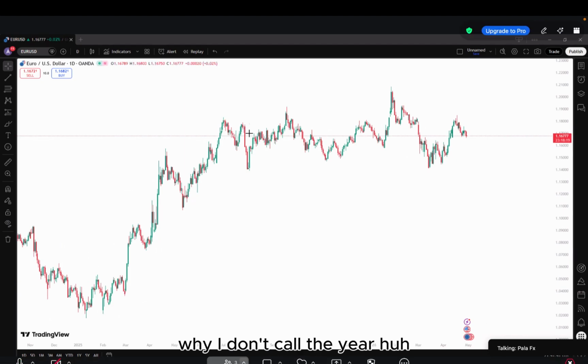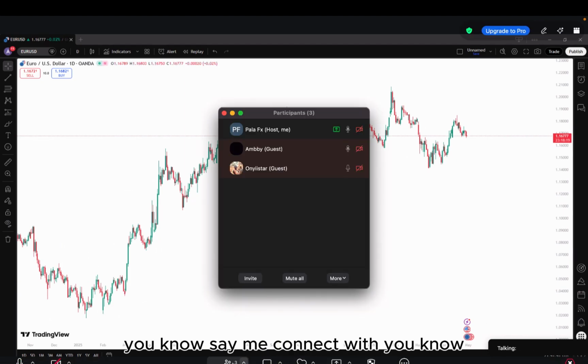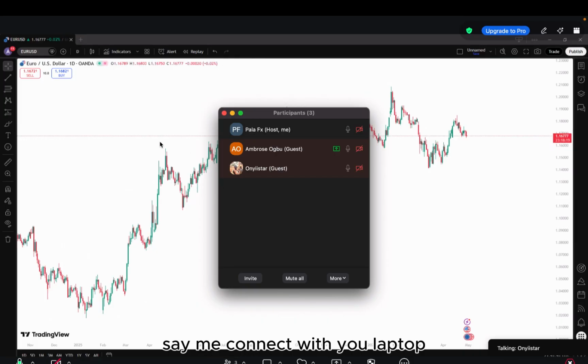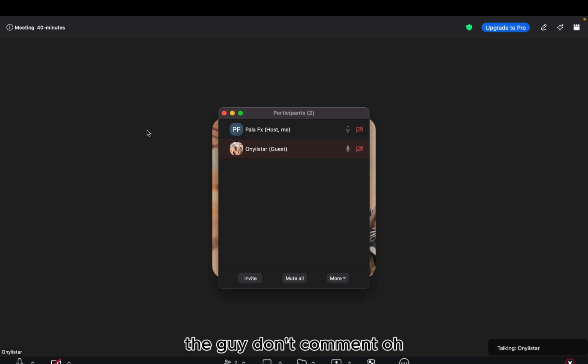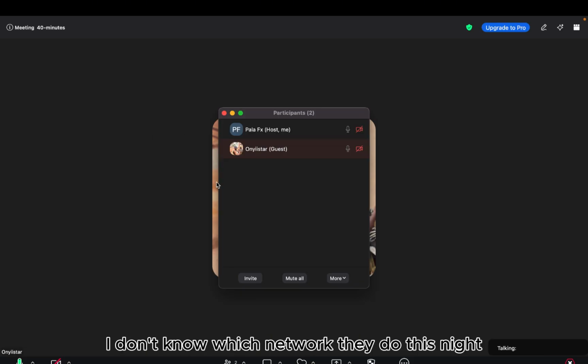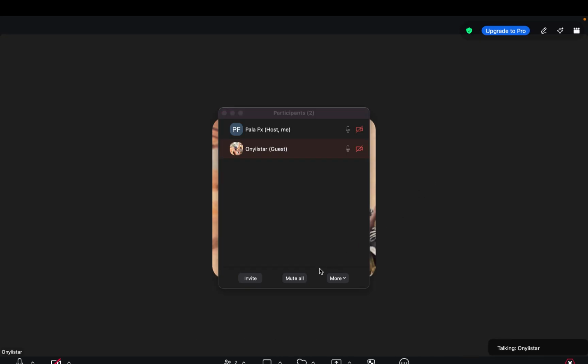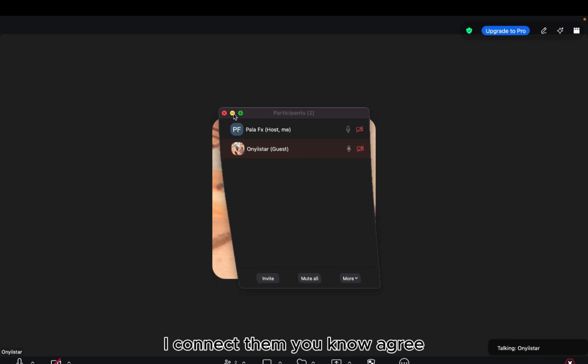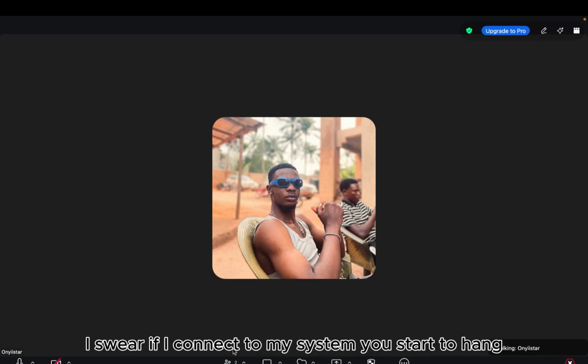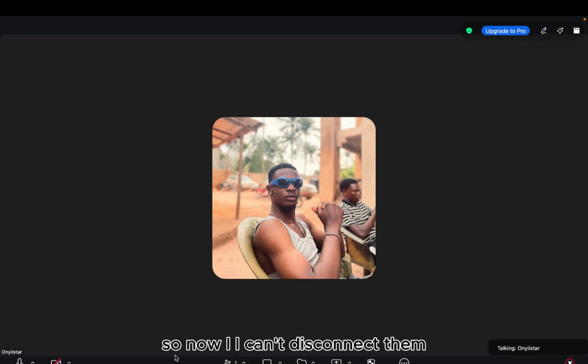You know, if you connect with the laptop, the thing shows. The guy doesn't come out though. Maybe the network, I don't know what network they are doing this night. All right, sir. If I connect to my system, it starts to hang. So now I disconnect and use my phone.